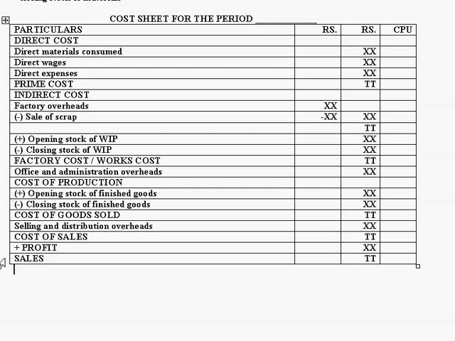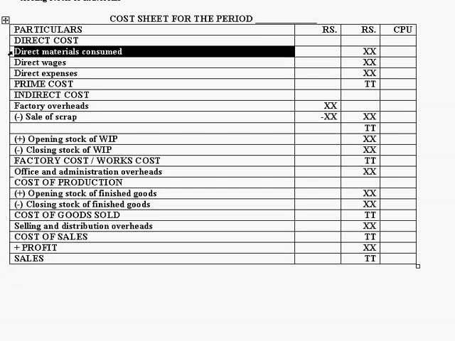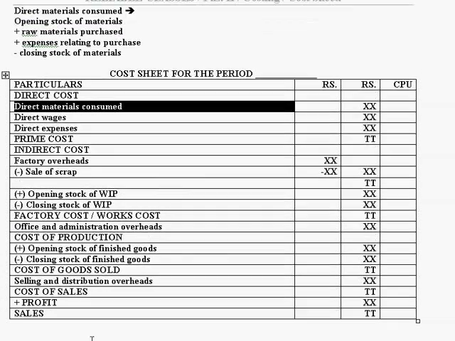Normally, carriage inward and all these things will be shown where? Raw material consumed. Yes or no? Look here, expenses relating to purchase, isn't it?